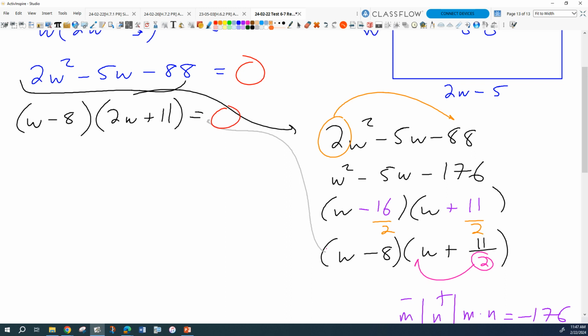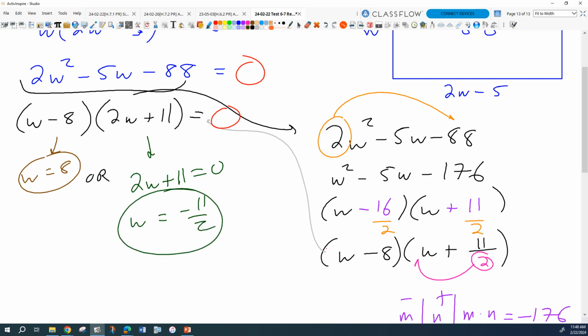Last step would be the zero product property, so I'll set each of these equal to 0 and solve. Well, what's the solution of that one? 8. How about this one? If I set that equal to 0, I subtract the 11 and divide by 2. I get negative 11 over 2.